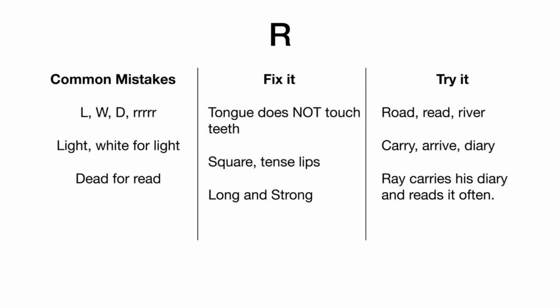Okay. So your tongue does not touch the back of the top front teeth. We are not going to be touching the teeth at all. The tip of the tongue is either down or flipped back. Okay. So the back of the tongue is always up.